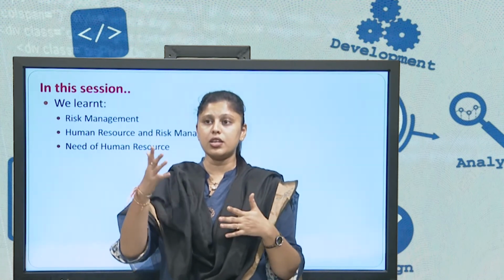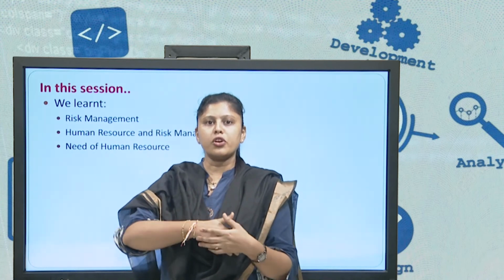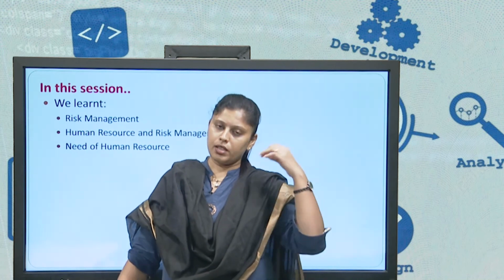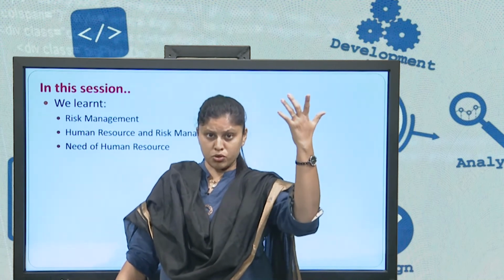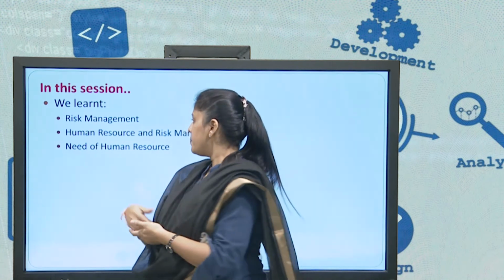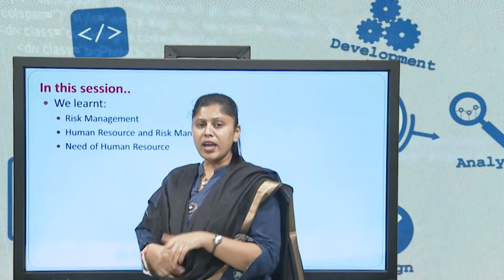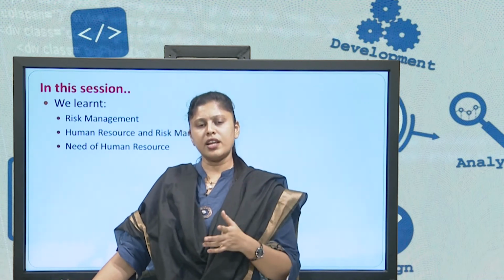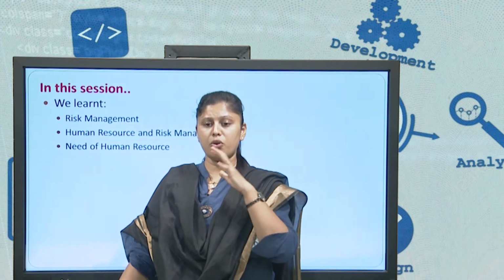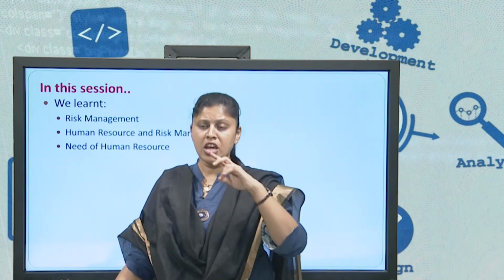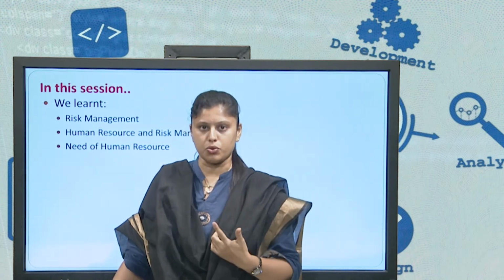It is not just the human resource, it is also the middle managers, and of course the topmost management, and the associated risk with it. And lastly we saw why this human resource is required, why a particular organization requires a healthy business culture to bring a healthy business environment, and what is the need of human resource.